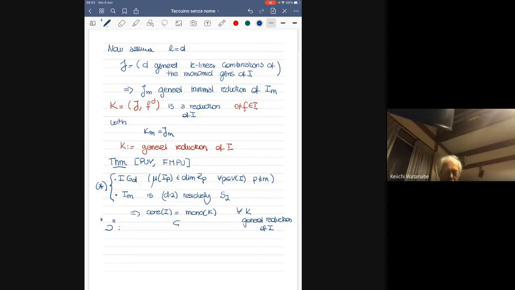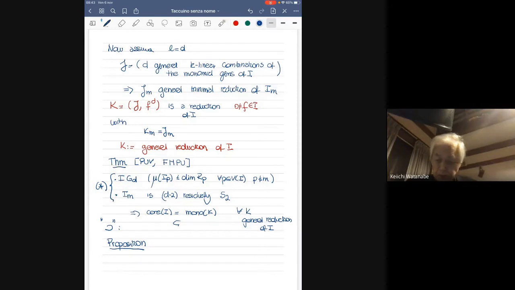What's the idea? The other inclusion follows from a proposition that is actually true in any generality. It does not need this condition at all.